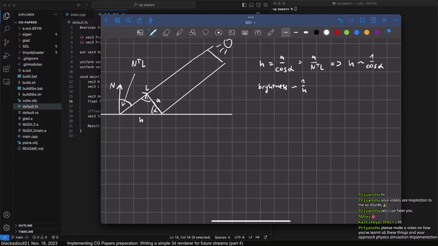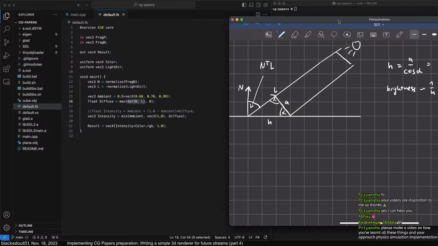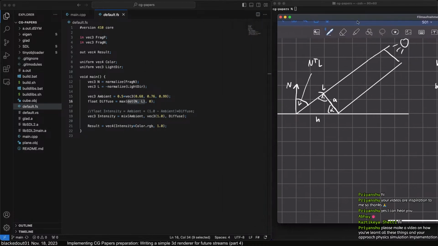And this then means that the brightness just scales with the cosine of the angle. So that's just how to actually draw this diagram. And yeah, so that's why the diffuse lighting intensity in the vertex shader is this dot product here.